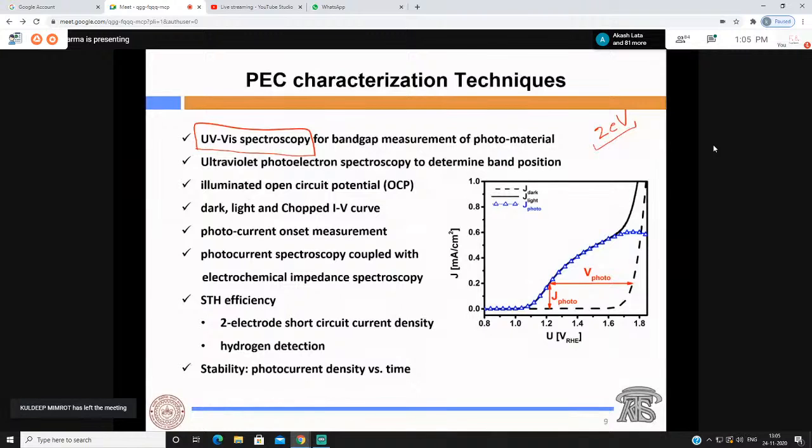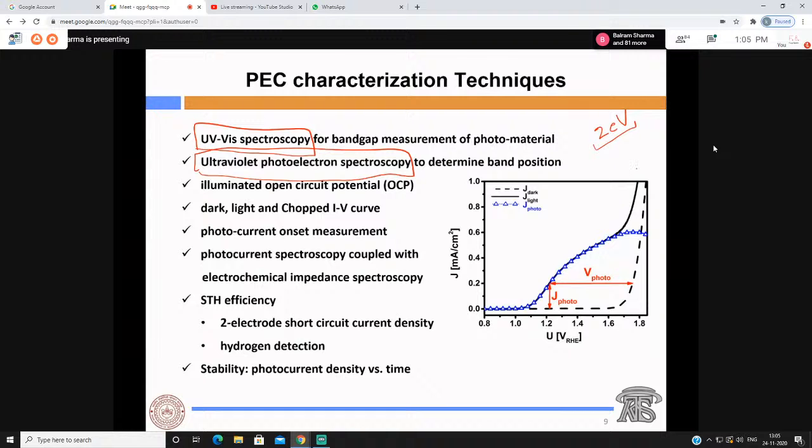But this reaction will happen only when the conduction band edge and valence band edge are at the appropriate positions. So we need to find out the band edge positions. For that we do ultraviolet photoelectron spectroscopy, and from there we find out the position of the valence band.